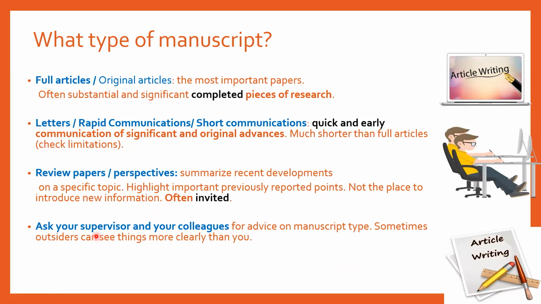Ask your supervisor and your colleagues for advice on manuscript type. Sometimes outsiders can see things more clearly than you. So you must discuss with your supervisor, your co-authors, or your group, so you can get some suggestions from them.